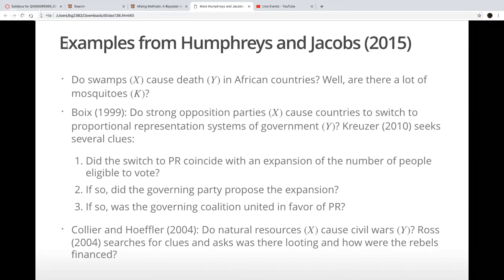Third example, also from the paper, is economists at the World Bank, Collier and Hoeffler, and a number of other studies that come out of the World Bank have asked questions such as, do natural resources cause civil wars, or the presence of natural resources, by which we're mostly talking oil, diamonds, other things like that.